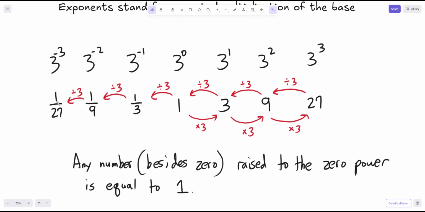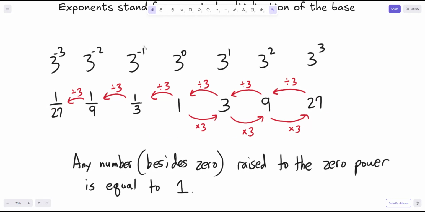Notice the symmetry, I would say. 3 to the first power is here, 3 to the negative first power is here. 3 squared is here, 3 to the negative second power is there. 3 cubed is here, 3 to the negative third power is there.